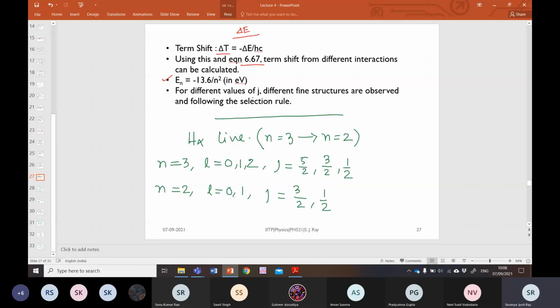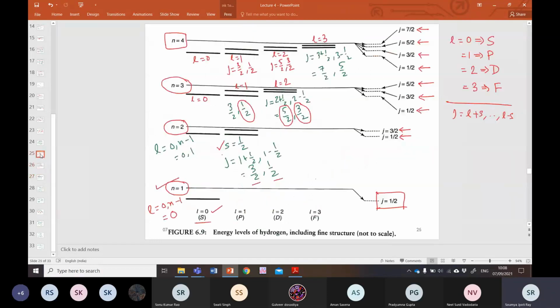Now for different values of J, different fine structures are observed. That we also discussed in the lecture yesterday: for a particular value of n, there are several possible values of J. Let's say if it is n equal to 2, we can get two values of J, that means J equal to half and J equal to 3 by 2.